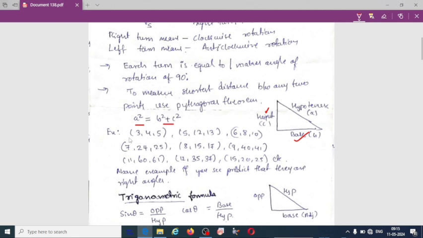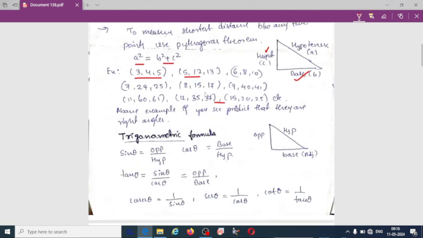Examples for which the Pythagoras theorem holds: the 3, 4, 5 set of numbers, if you verify, are valid for the Pythagoras theorem. So 5, 12, 13, many examples I have given here. You can check and verify the Pythagoras theorem. In the exam you can directly solve if you come across these numbers.